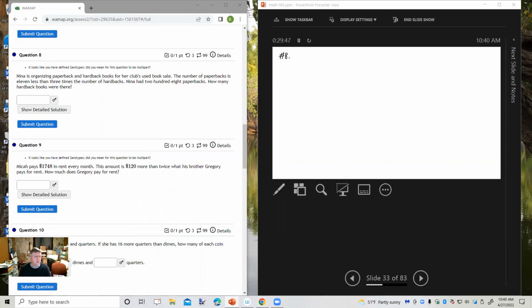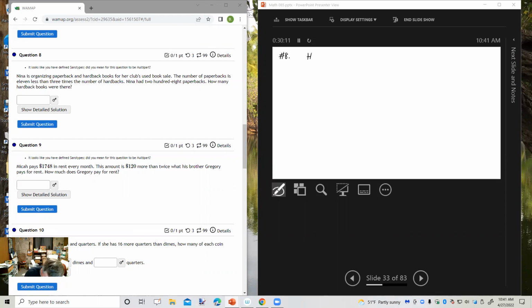Nina is organizing paperback and hardback books for her club's used book sale. The number of paperbacks is 11 less than 3 times the number of hardbacks. Nina had 208 paperbacks. How many hardback books were there?